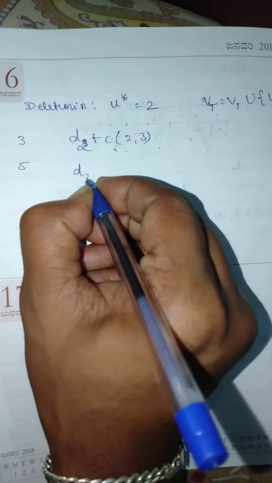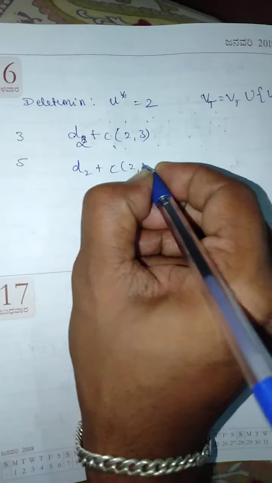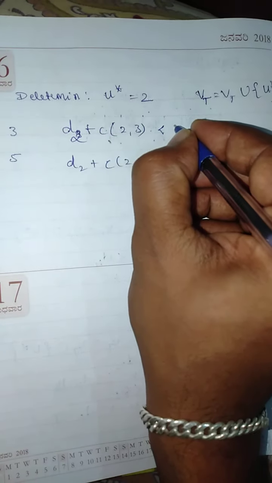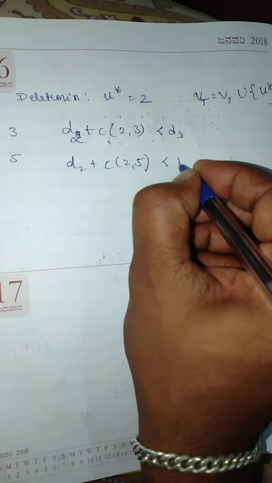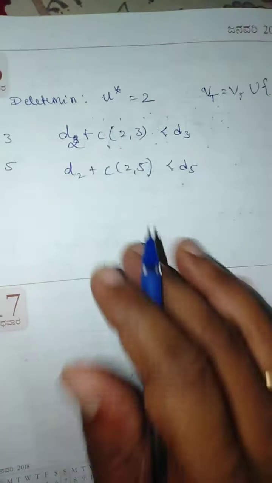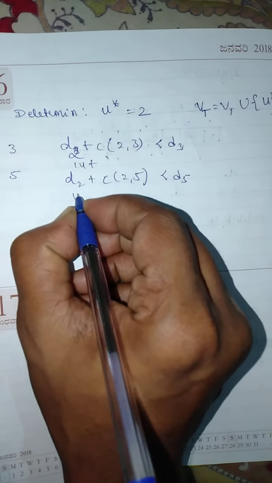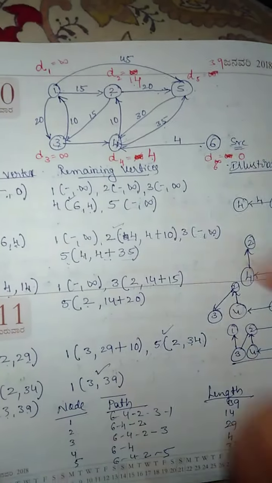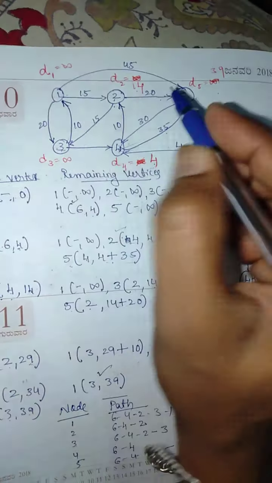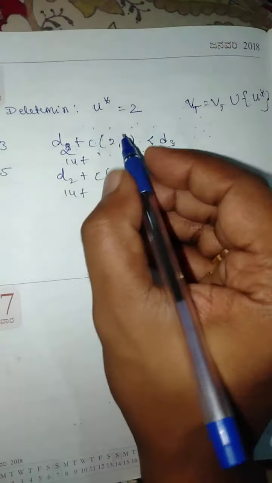Similarly, distance to 2 plus cost from 2 to 5. If it is less than distance to 3, if it is less than distance to 5, then we have to update. Now distance to 2, what is the distance to 2? We have updated, that is 14 plus cost from 2 to 3, which is 15, and cost from 2 to 5, which is 20.